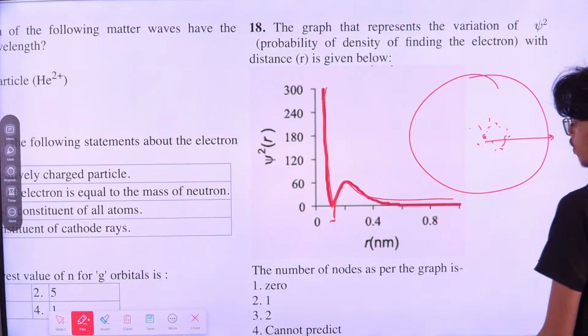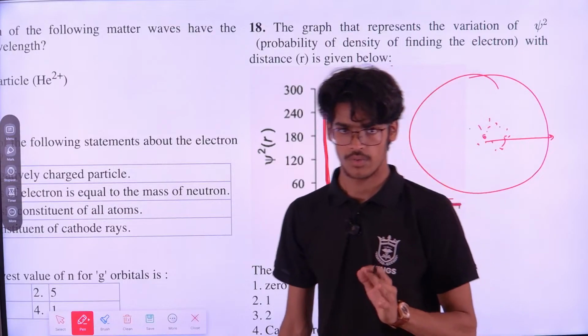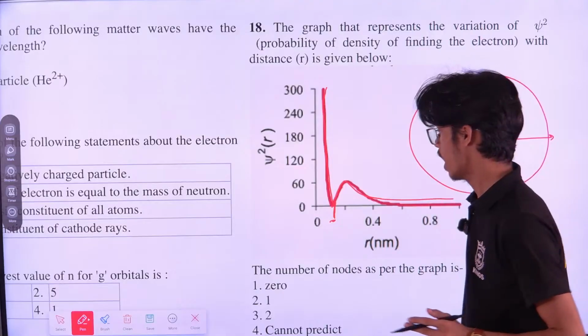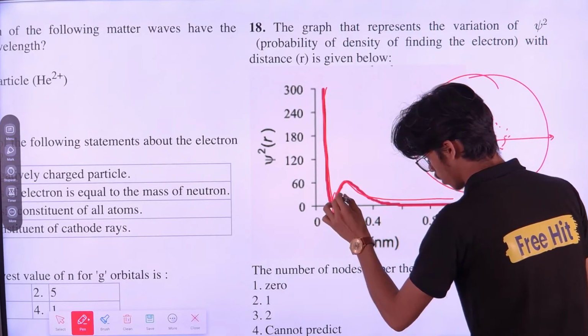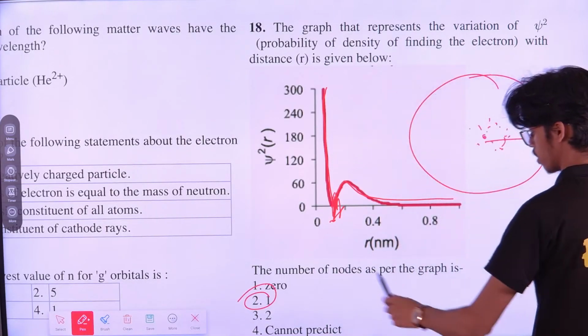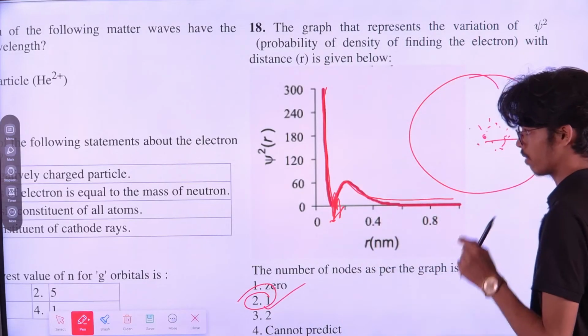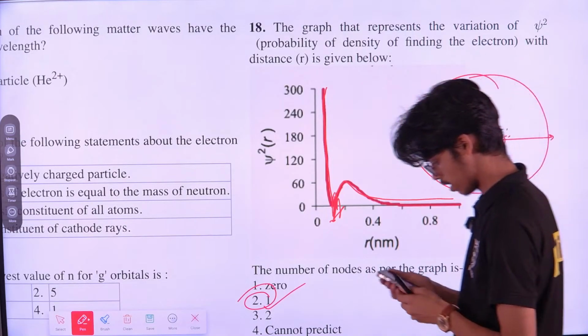Now, a node is a point where the probability of finding the electron is 0. At what point does the probability become 0? At this point. So only 1. The number of nodes as per the graph is 1, because there is only one point where the probability of finding the electron is 0. Understandable?